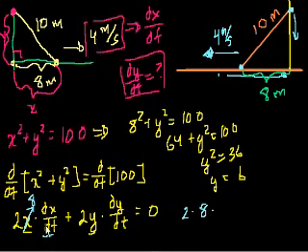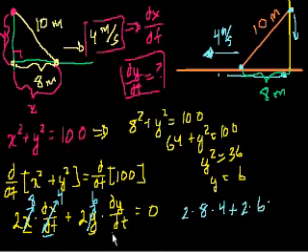It's 4 meters per second. So 2 times 8 times 4, plus 2 times y, we just figured out that y is 6, so 2 times 6 times dy/dt, which is what we're solving for, is equal to 0.